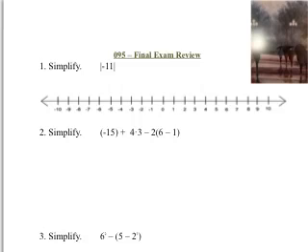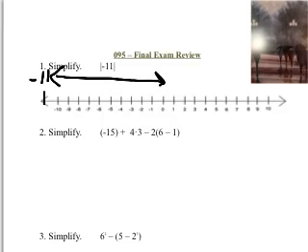Problem number 1, simplify the absolute value of negative 11. Now the absolute value is the distance a number is from 0. So it's going to always be a positive number. For instance, negative 11, which would be somewhere around here, is 11 from 0.